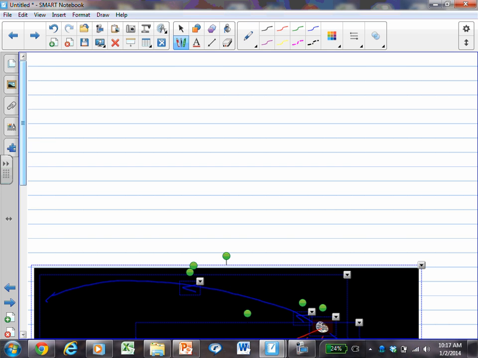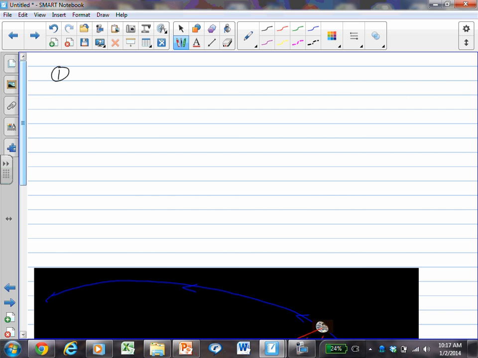The first rule was that all the planets travel in ellipses, with the sun at one focus. Now, a circle has a center, and an ellipse has 2 foci.